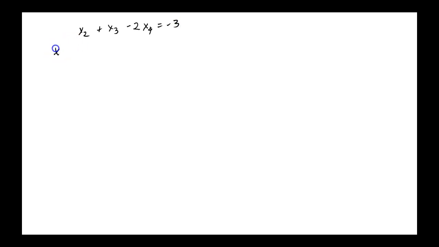Second equation: X sub 1 plus 2X sub 2 minus X sub 3 is equal to 2. Third equation: 2X sub 1 plus 4X sub 2 plus X sub 3 minus 3X sub 4 is equal to minus 2.